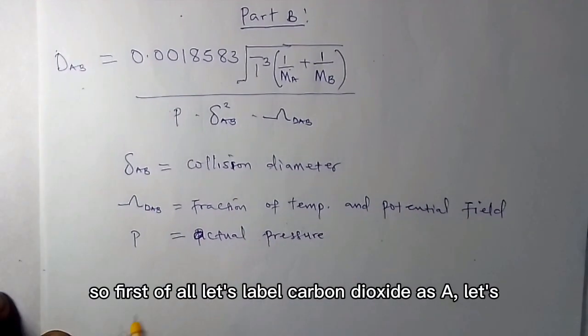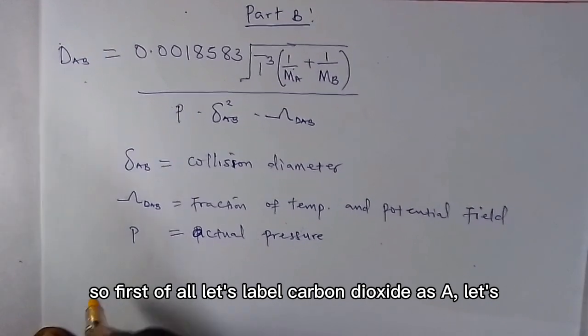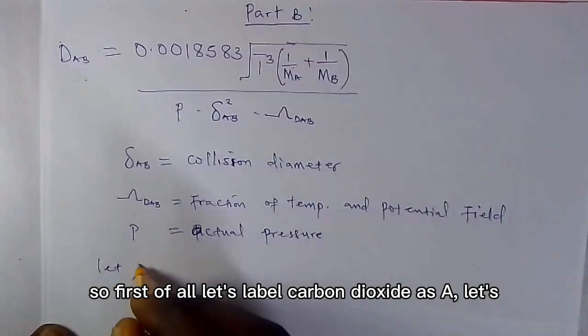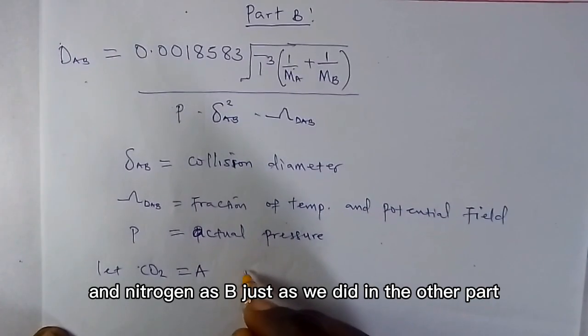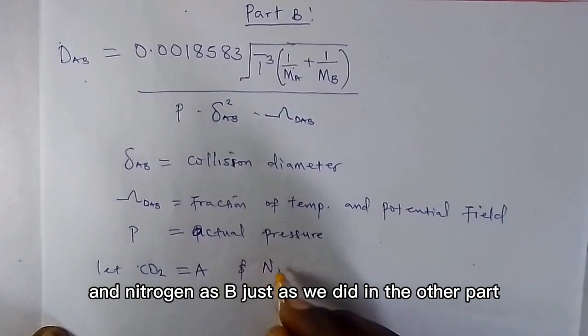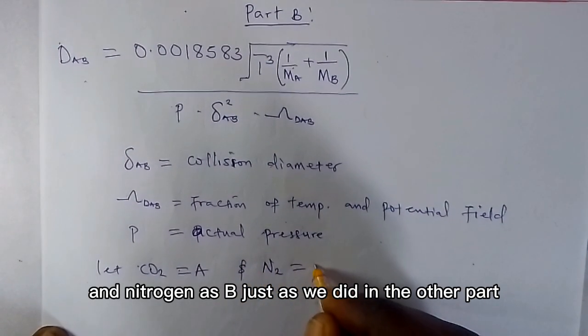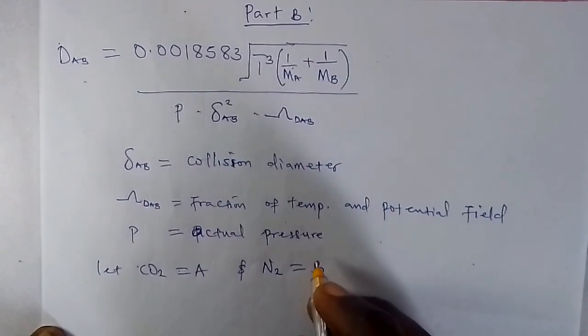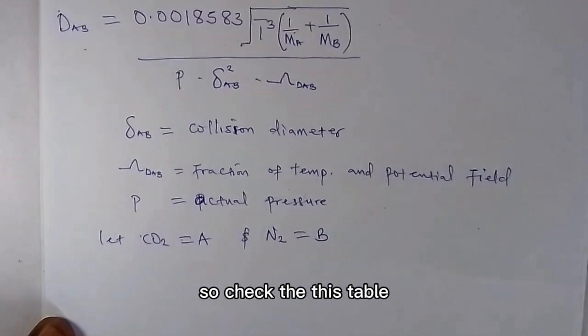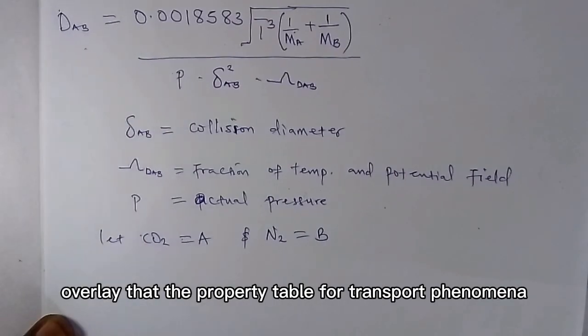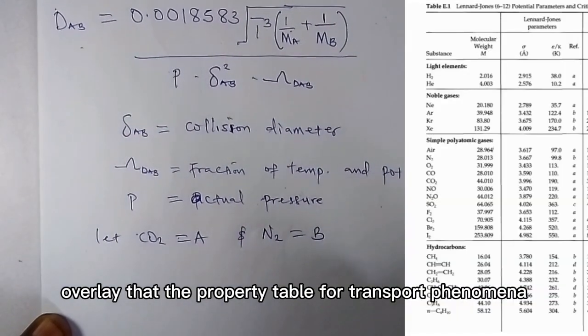So first of all, let's label carbon dioxide as A and nitrogen as B, just as we did in the other part. So check this table overlay, that is the property table for transport phenomena.